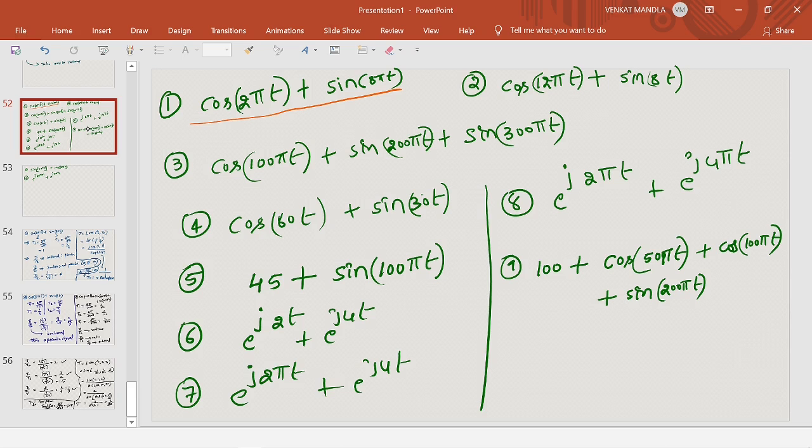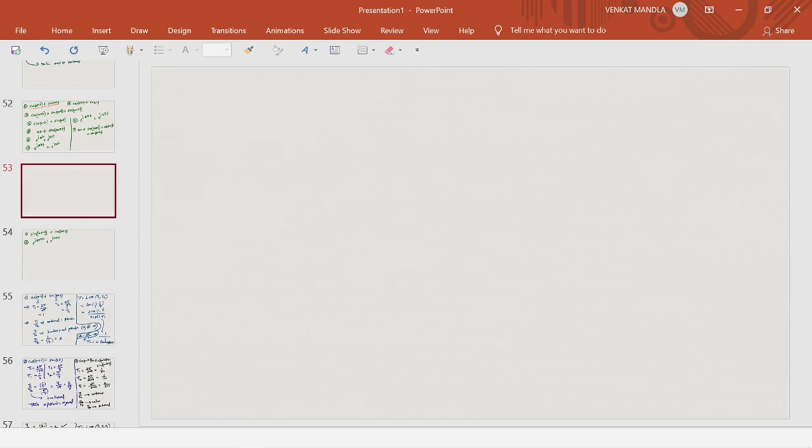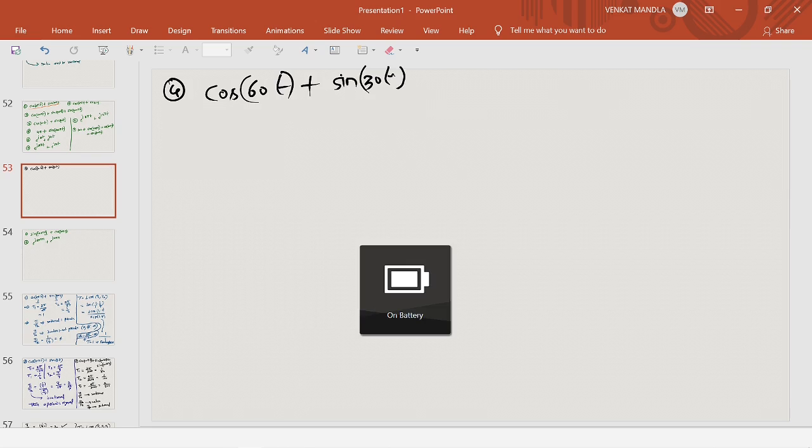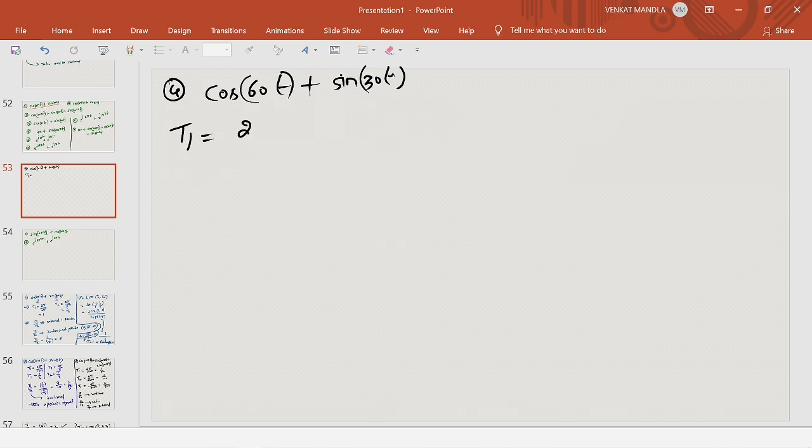The fourth question: cos 60t plus sin 30t. So what is T1? 2 pi by omega naught, 60.